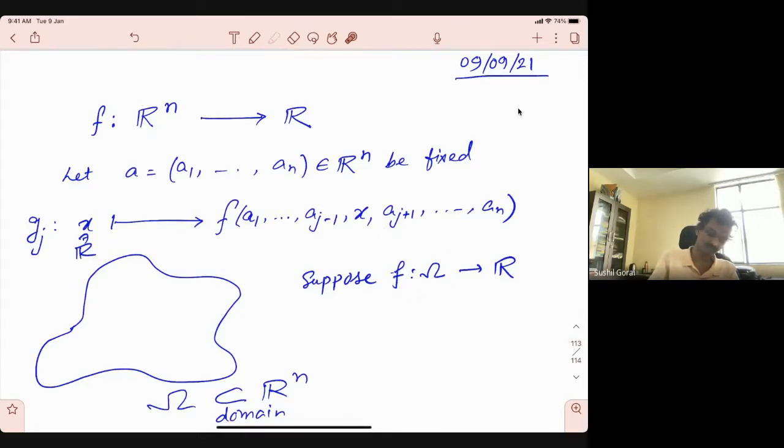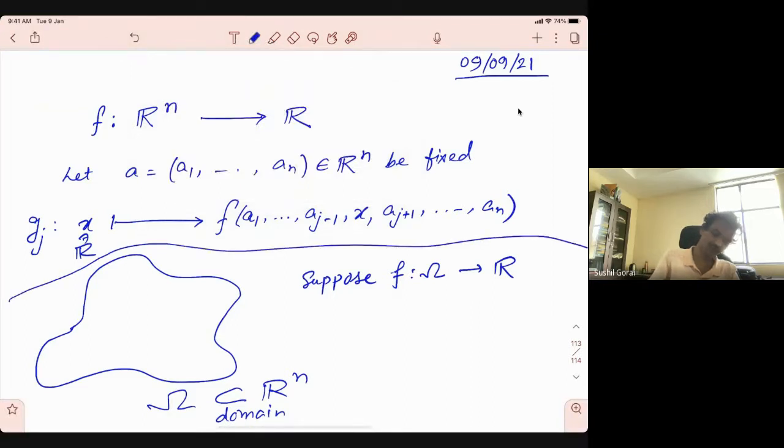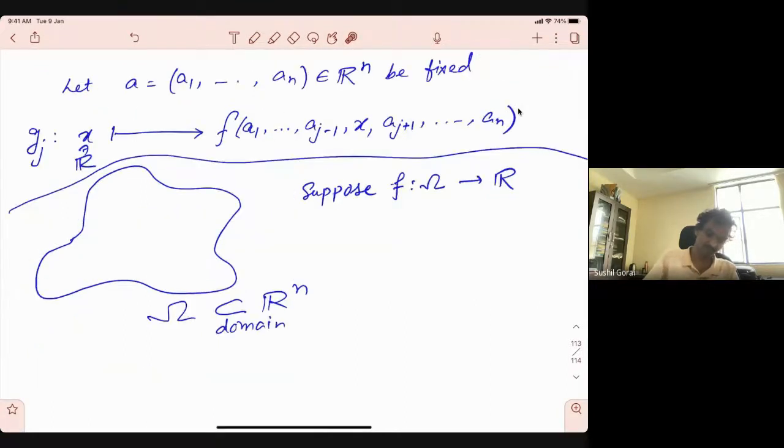Of course, for simplicity we assumed this so that you understand better, but you should understand this one also.